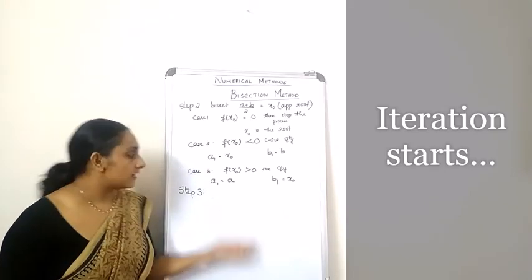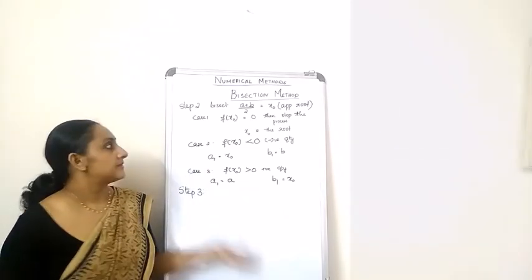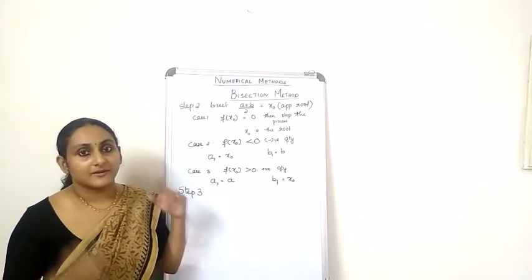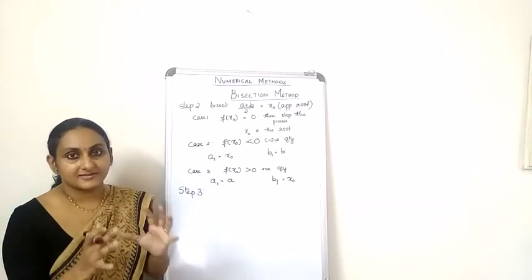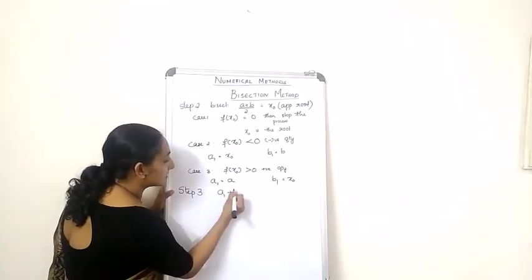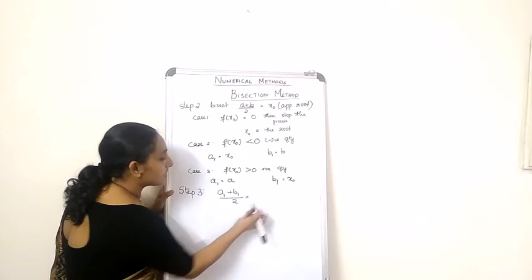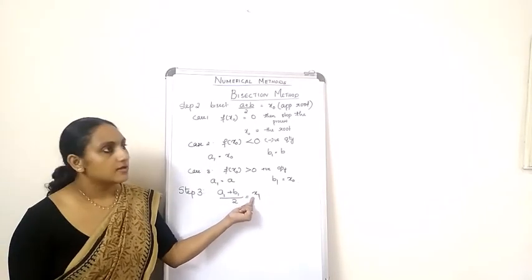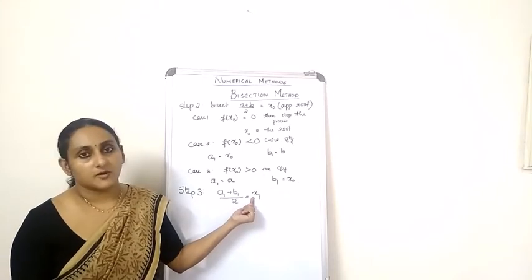I'm going to show what is going to happen. I'm going to bisect A1 and B1 again, this particular interval. So A1 plus B1 divided by 2, I'm going to write it as x1, the new approximate root.